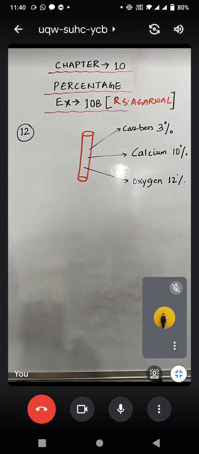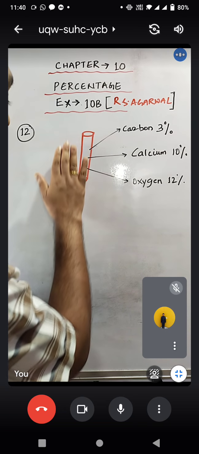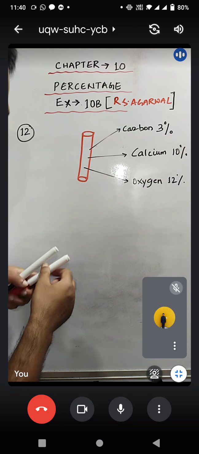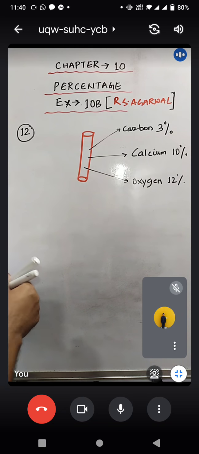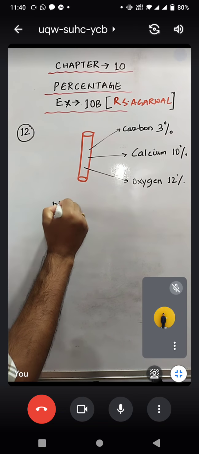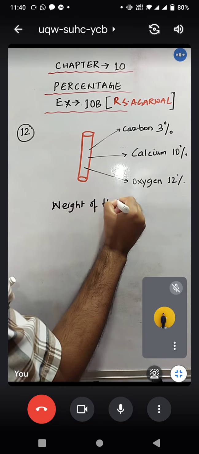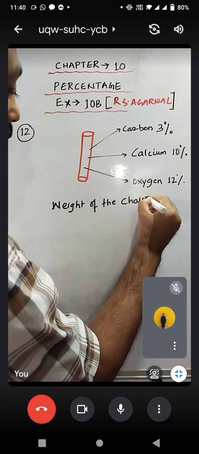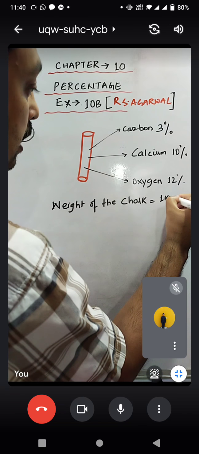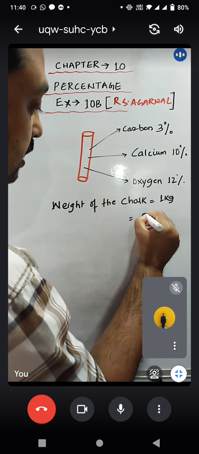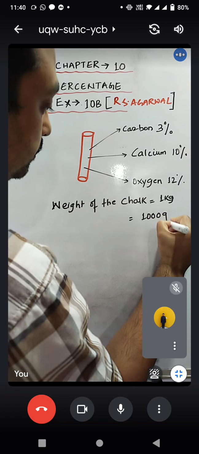Now what we have to find out is the amount in grams of each of these substances in 1 kg of chalk. Suppose the weight of this chalk is 1 kg, and we know that 1 kg is equal to 1000 grams.